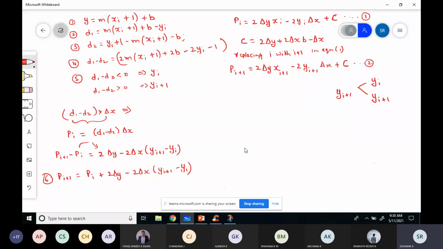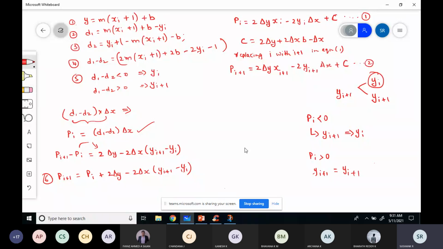For example, this one is the p i. If p i is less than 0, I told you that we will be considering y i. So if p i is less than 0, y of i plus 1 will take the value y i. If p i is greater than 0, y of i plus 1 will take the value y of i plus 1.